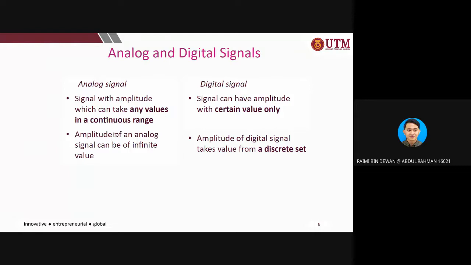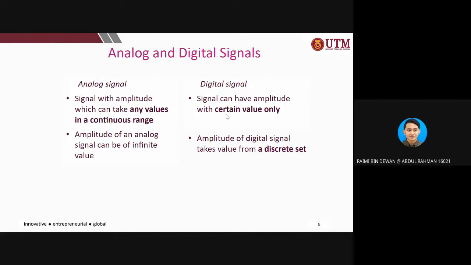The amplitude of an analog signal can be of infinite value, very high or very low, because with infinity we can have positive and negative. A digital signal can have amplitude with certain values only. You learned this in the previous course, digital electronics.